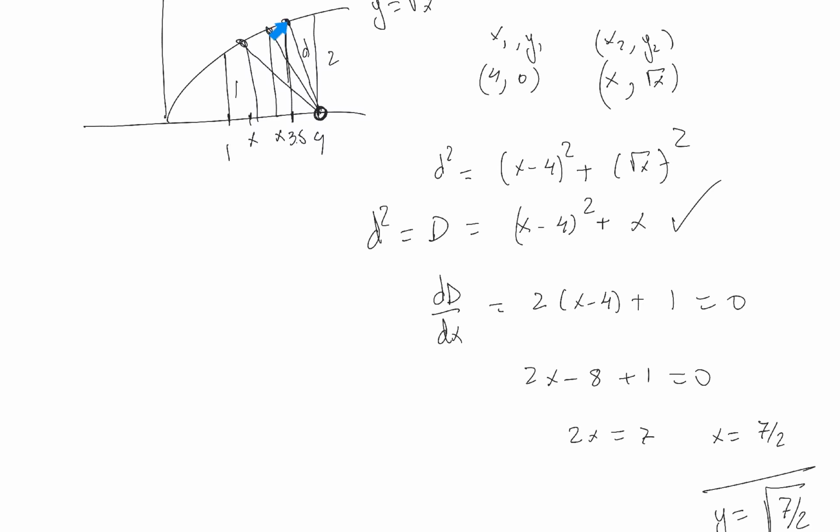So this is the point that is the nearest one. If you move a little bit here, it would be a greater distance. If you move in this direction, it will also be a greater distance. This is the closest distance. Okay.